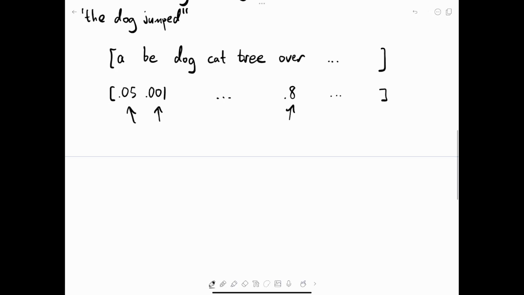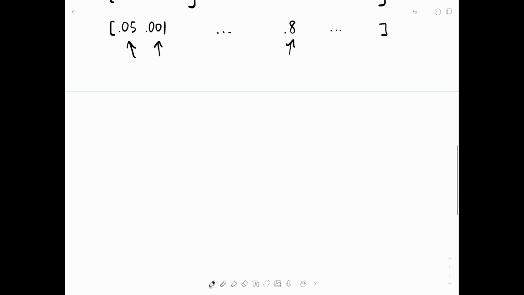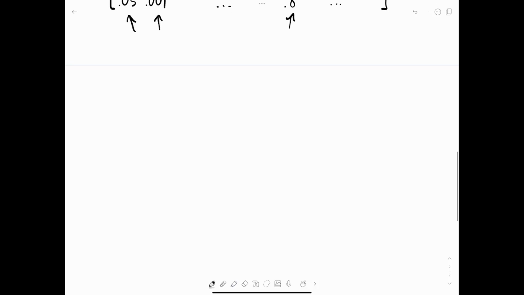So every element in this vector denotes the probability that that word follows the input sentence. And so this is a discrete probability distribution. Okay, so we have our input x, and we're going to generate an output y through the transformer.